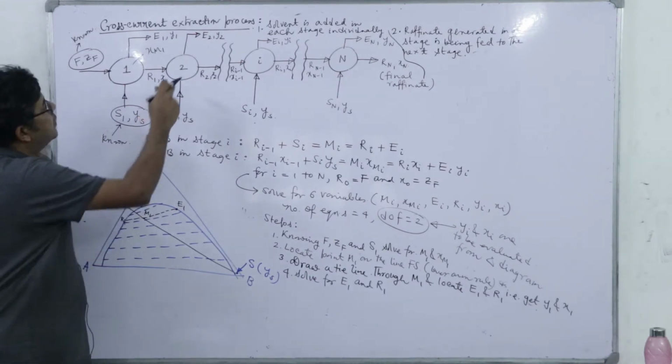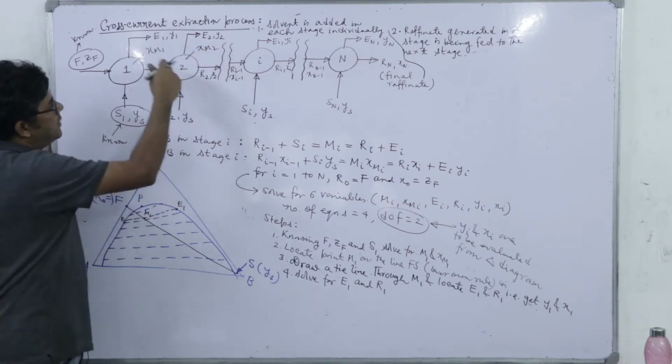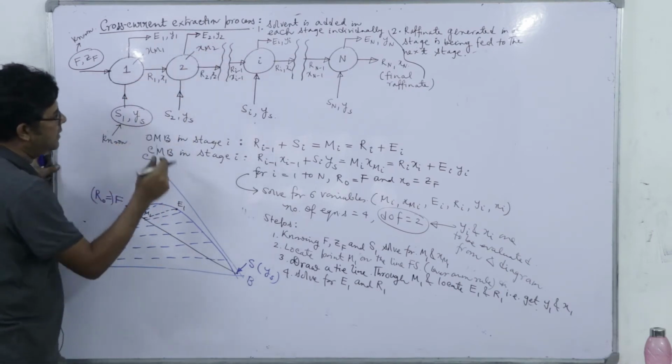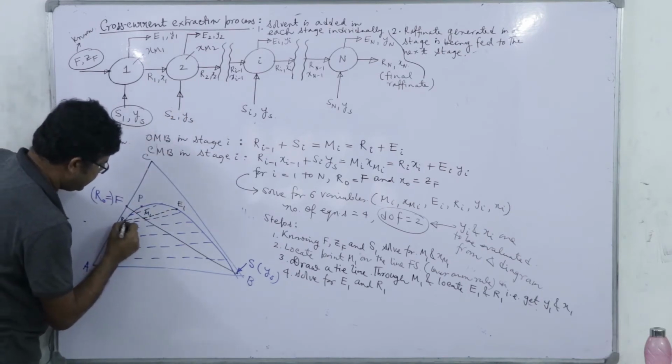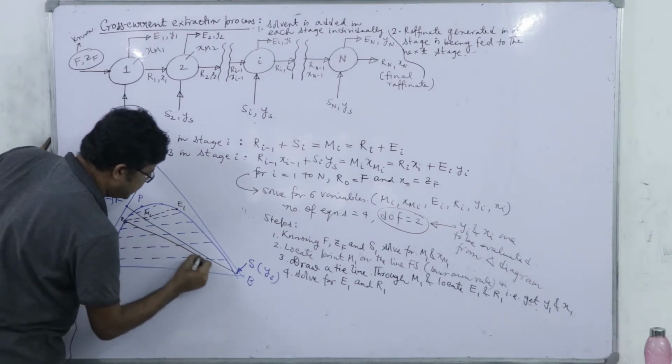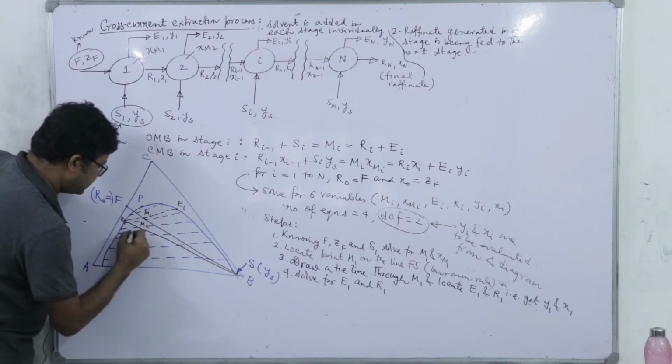Now, the composition of the mixture, that is XM2, must be lying on the joining line of R1 and this S. So, if I draw a line here, we can locate point M2, repeat the same process.